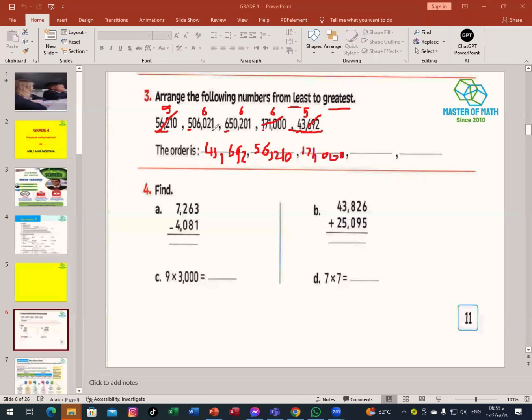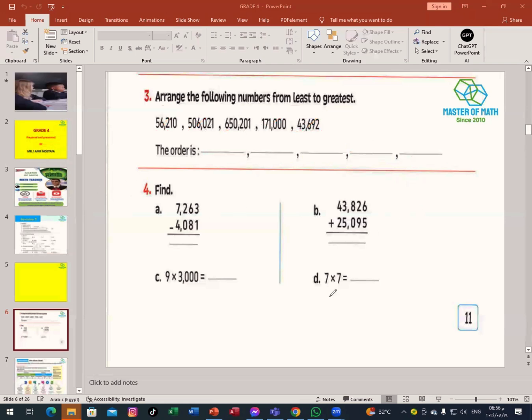After that, 6 or 5, so 5. 500,6,021. So the remaining is 650,201. Okay, it's easy.